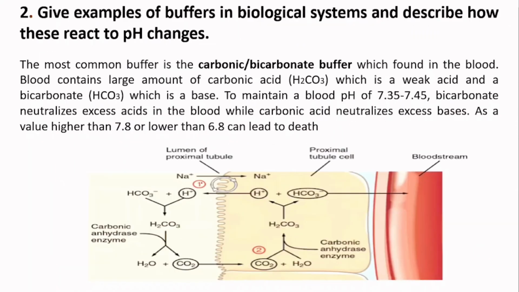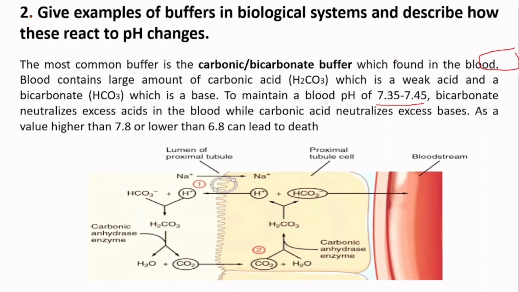Next, we have to give examples of buffers in biological systems and describe how these react to pH changes. So, one of the most common buffers in our biological system or in our body is the carbonic or bicarbonate buffer, which can be found in our blood. The blood contains a large amount of carbonic acid, which is a weak acid, and bicarbonate, which is a base, to maintain the blood pH of 7.35 to 7.45.